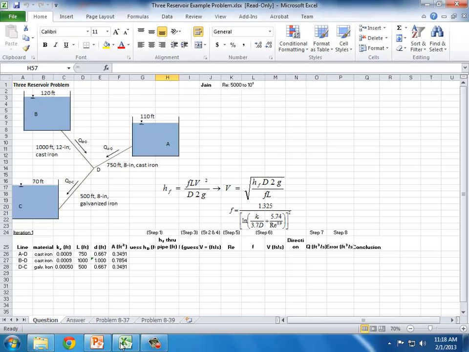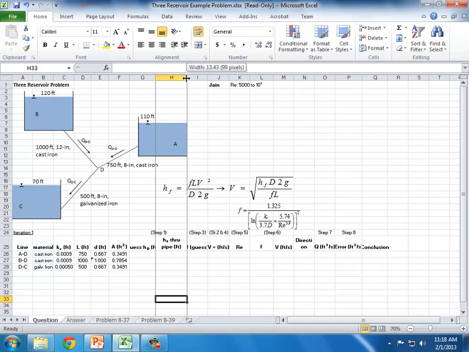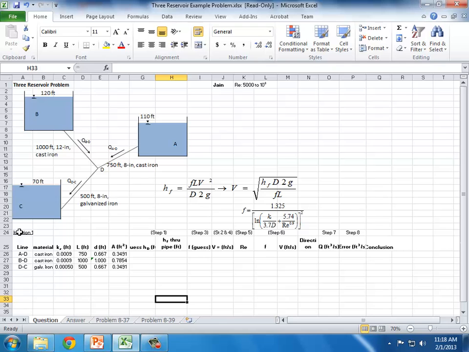All right, so start up Excel. These are the columns that you should have in Excel. Go ahead and start typing in the columns.